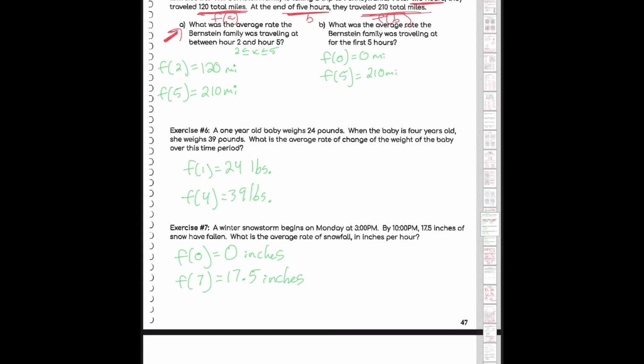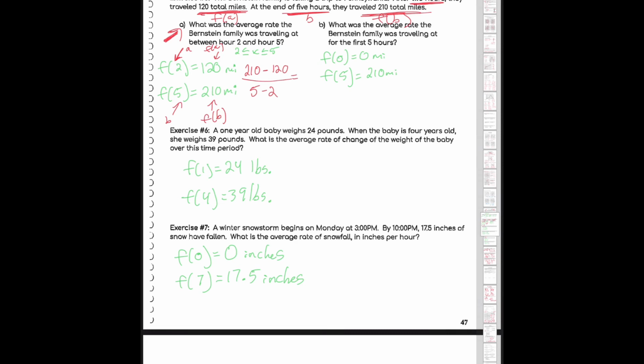So let's see what part A says. It says, what was the average rate of change the Bernstein family was traveling between hours 2 and 5? So again, hour 2 was our A value. 120 miles was our f of A. 5 hours was the B, and 210 miles was the f of B. So if we do f of B minus f of A, we have 210 minus 120 over 5 minus 2.